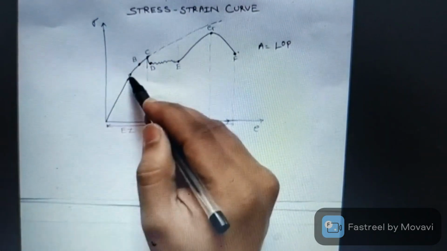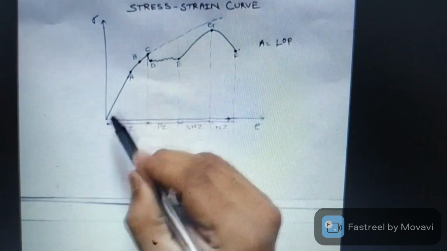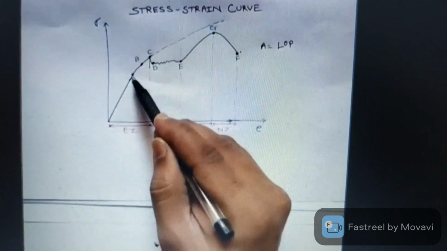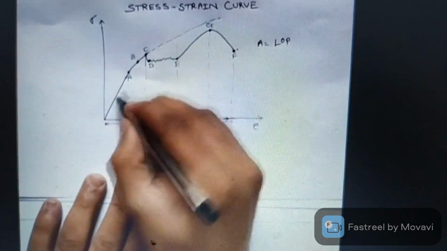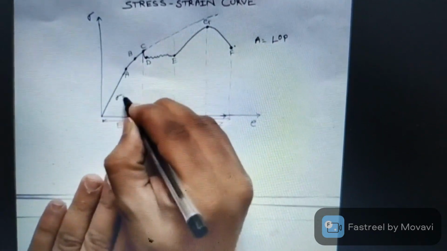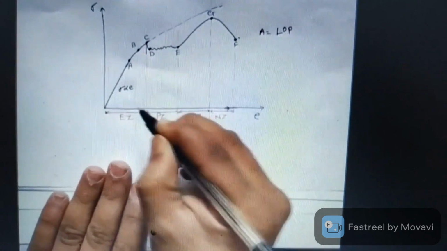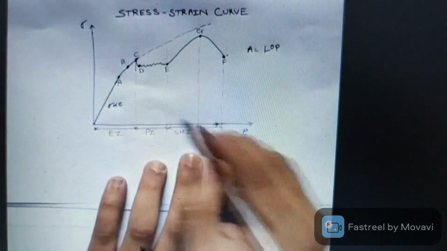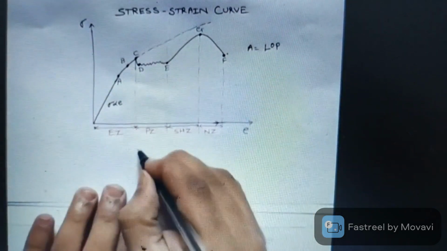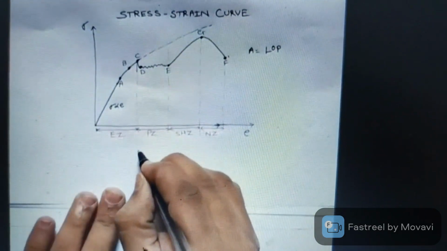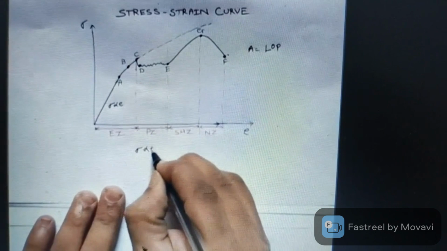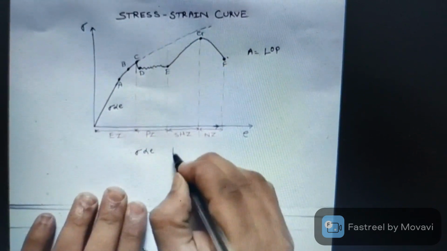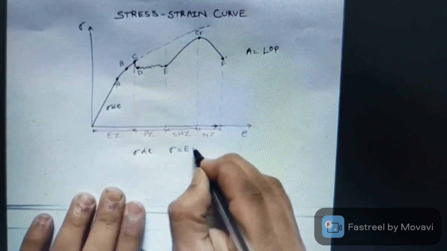So what does it mean? It means that from this point to this point, the stress is directly proportional to strain. That means sigma is directly proportional to strain up to this point, that is the limit of proportionality. If we remove this proportionality sign, then we can write sigma is equal to E into epsilon.